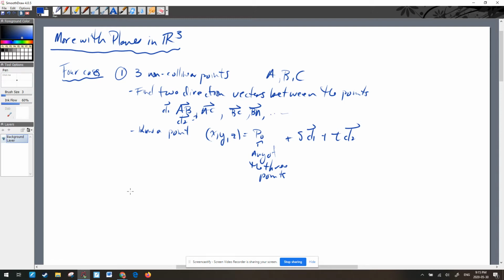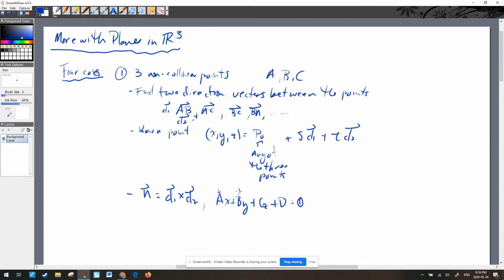But then to get the Cartesian equation, the process is going to be the same each time. We're going to find the Cartesian by saying the normal is equal to direction vector 1 crossed with direction vector 2. And then we wrote the steps down. So then you have AX plus BY plus CZ plus D equals 0. You're going to substitute in your normal vector.